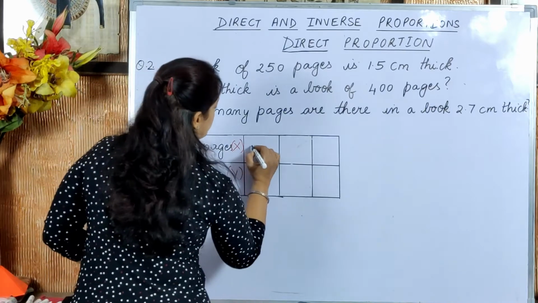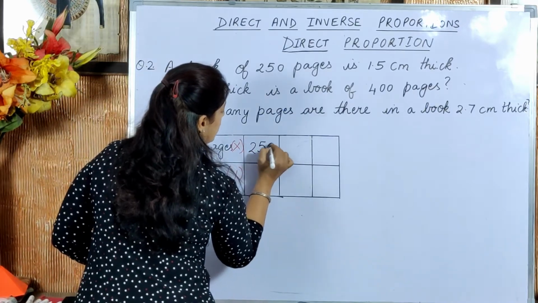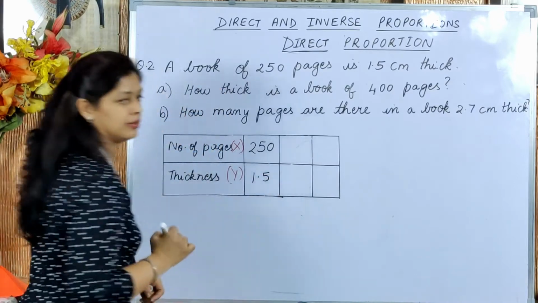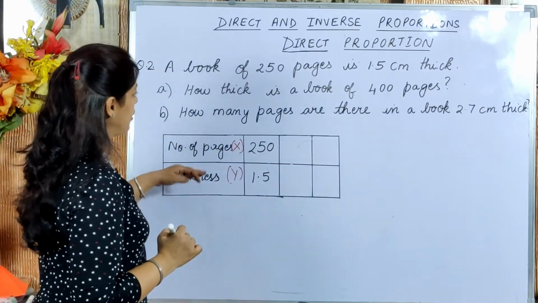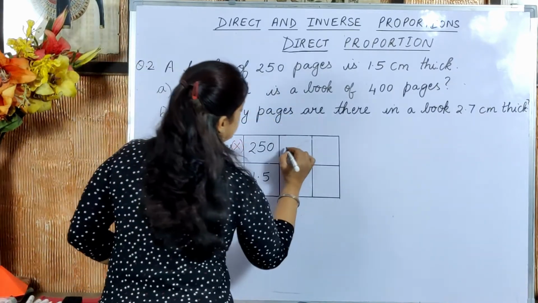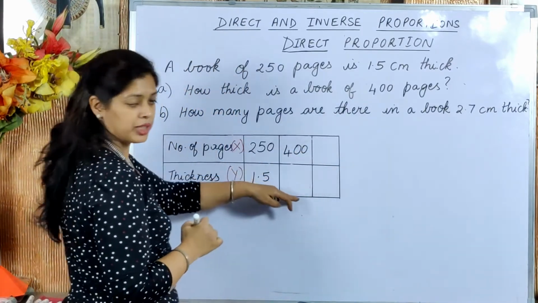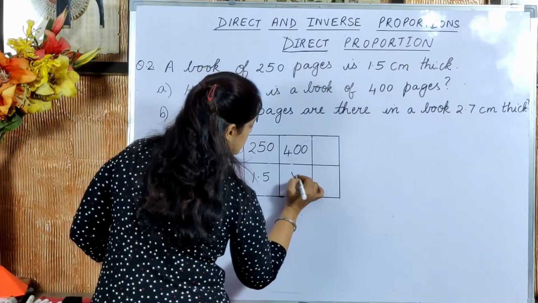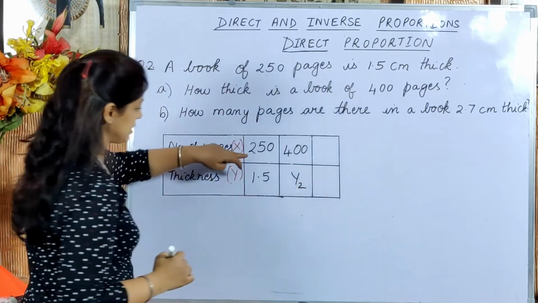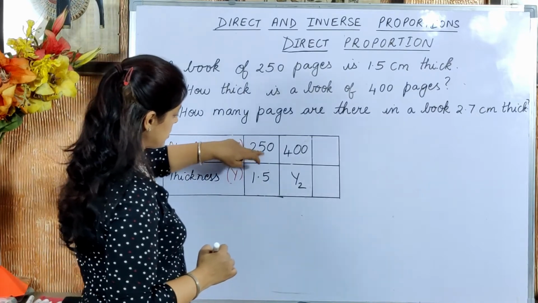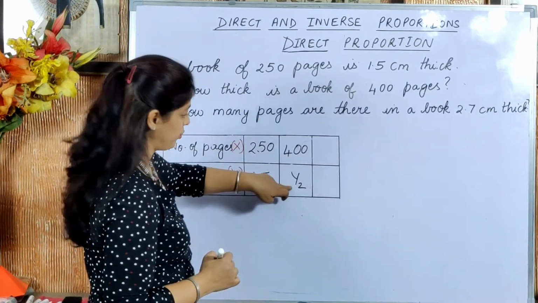So when the number of pages is 250, the thickness is 1.5 centimeters. And if the number of pages has increased to 400, what is the thickness we are supposed to find? So I can take this as y2, because these values are x1, y1, x2, y2.